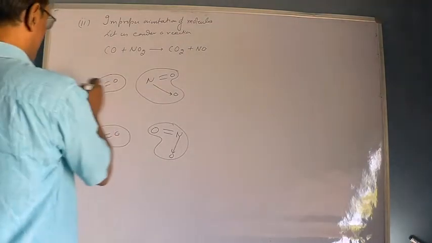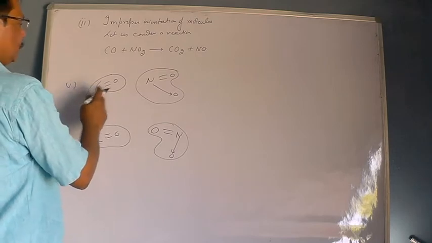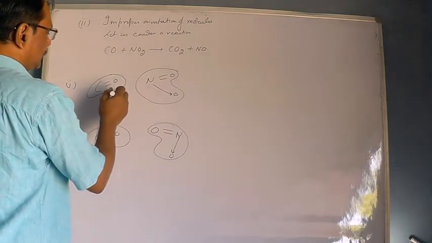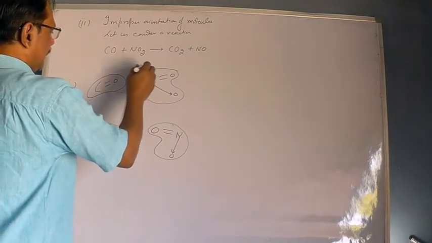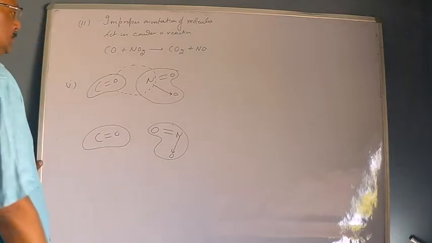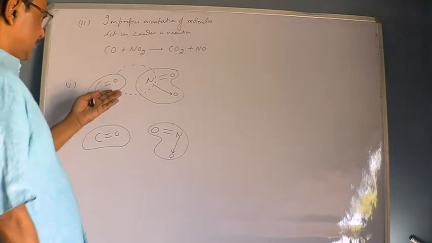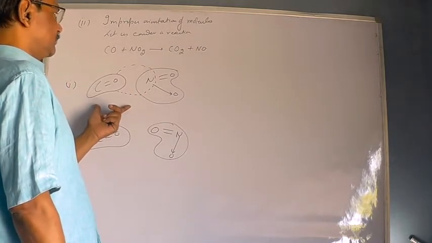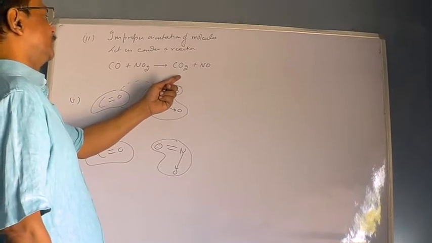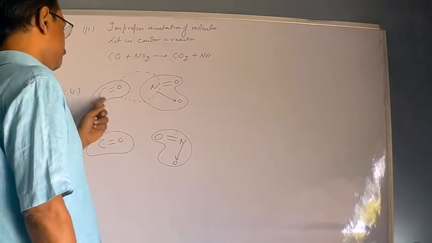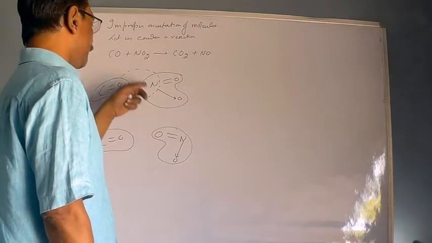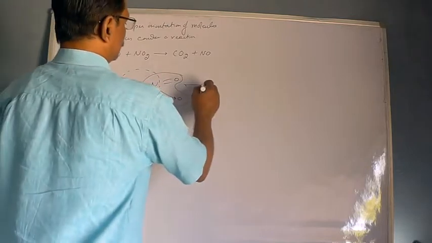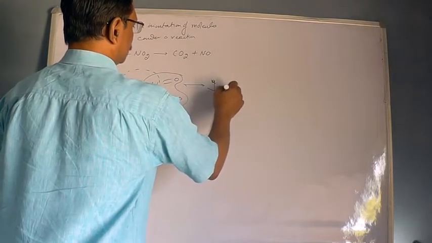See, in the case 1, CO is colliding with NO2, but it is colliding with an atom. So, what the product will be formed? CNO or NCO, but whether it is our desired product? No, our desired product is what? CO2. So, if CO attacks NO2 on N, this gives you ineffective collision.